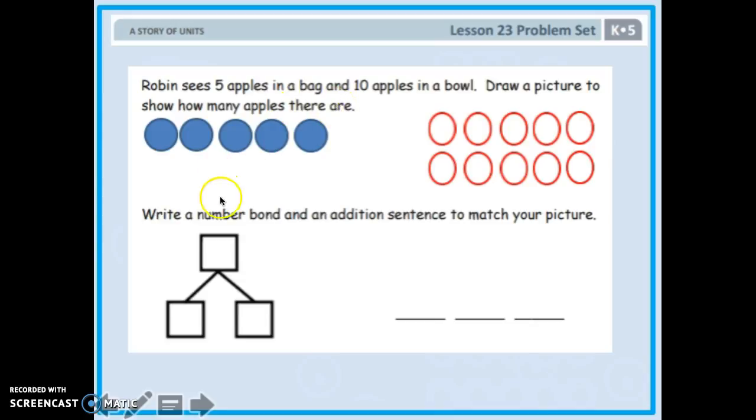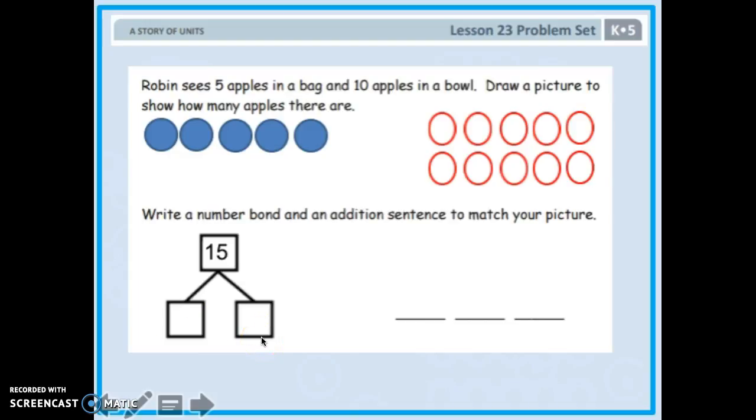So now we're going to come down here and fill in the number bond. I know that 10 and 5 more is 15. So I'm going to write the number 15 in the whole part of my number bond. Do you know what number goes here and what number goes here?